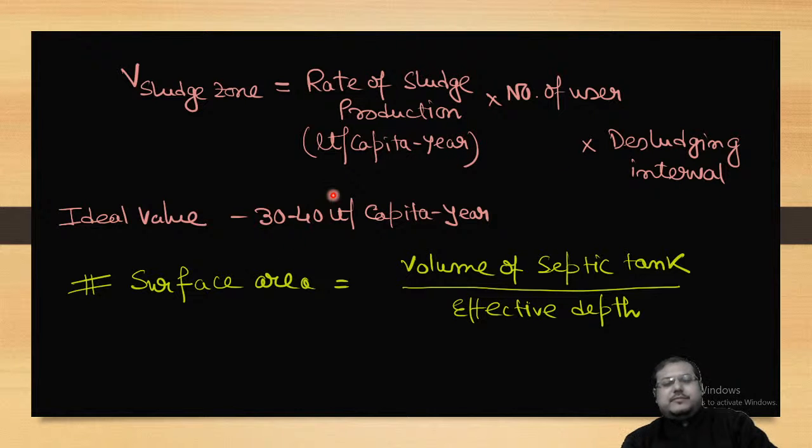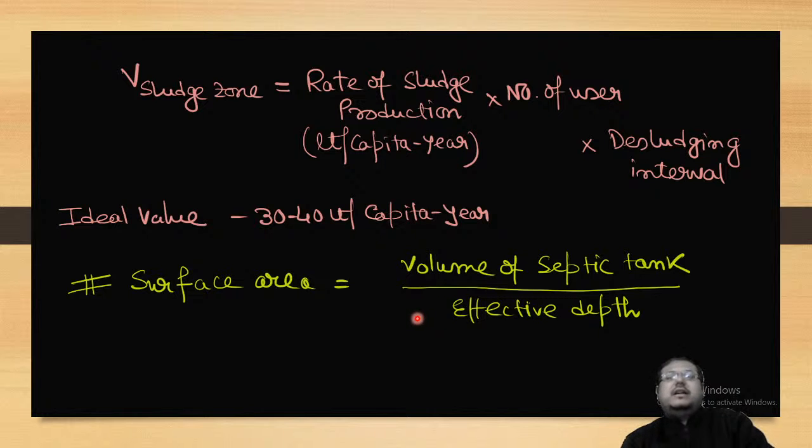The ideal value of rate of sludge production will be 30 to 40 liter per capita year. So the volume of sludge zone is equal to rate of sludge production into number of users into the desludging interval. And surface area is defined as the volume of septic tank by the effective depth.